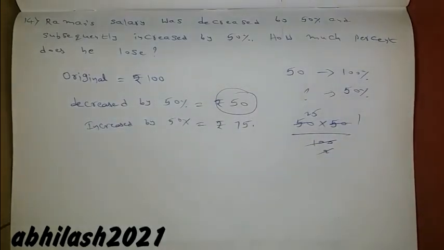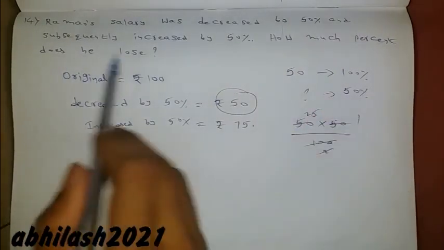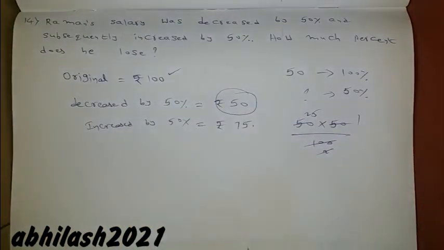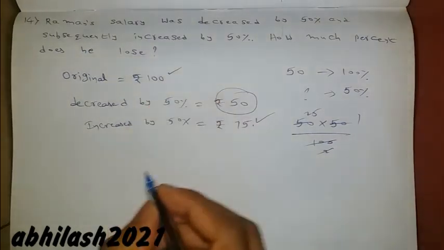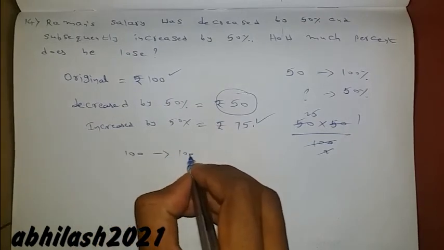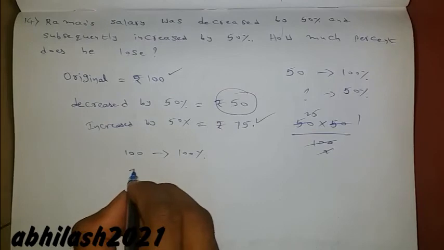Then what he is asking, how much percent does he lose? In the original it is 100 rupees, now it became 75 rupees. So how much loss is there in the percentage? In the beginning it is 100 percentage, so that 100 rupees is 100 percentage. Now it is 75 rupees.